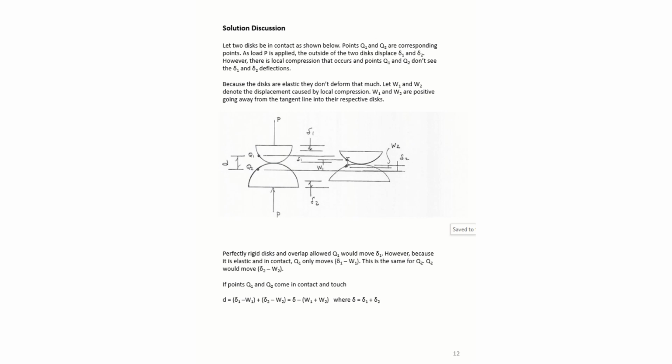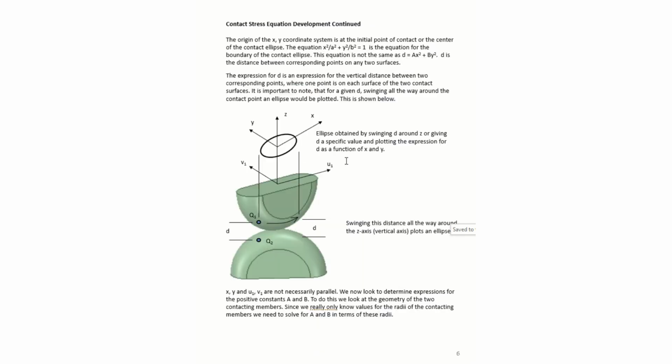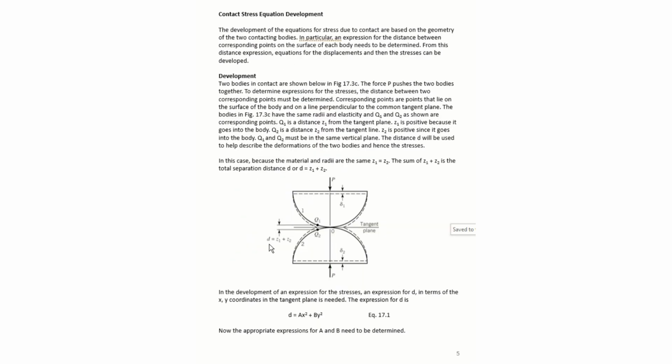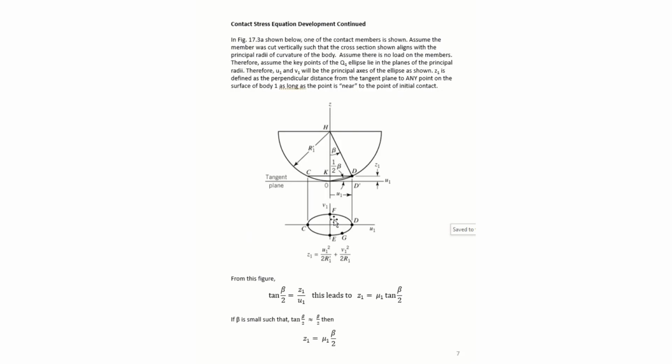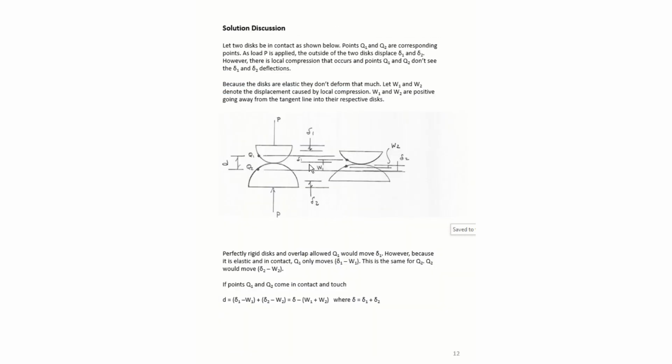Back here, when we derived the expressions for A and B, using this analysis, we assumed rigid bodies. But now we're letting them deform, and when we do that, we realize that delta 1 is not exactly what Q1 moves down, but Q1 moves down delta 1 minus W1.